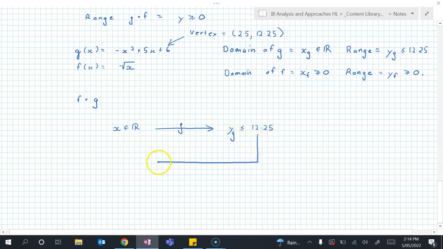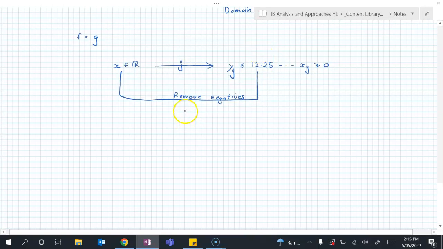So to be able to work with x of g being greater than or equal to 0, I've got to remove the negative values. So what values of x are not going to give me negatives? Well, let's work it out. So minus x squared plus 5x plus 6 equals 0 when, I'll divide everything by minus 1, I'll have x minus 6, x plus 1.